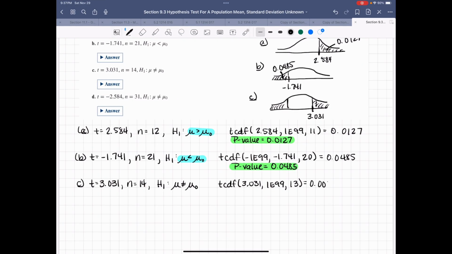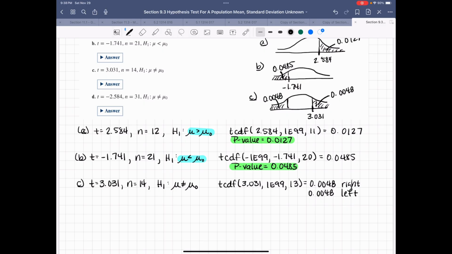Now, what that means, guys, is this chunk right here is 0.0048. Okay, well, that's the right. So that also means that the left is 0.0048, because remember, since we're doing a not equals, we've got to look at both the left and the right.